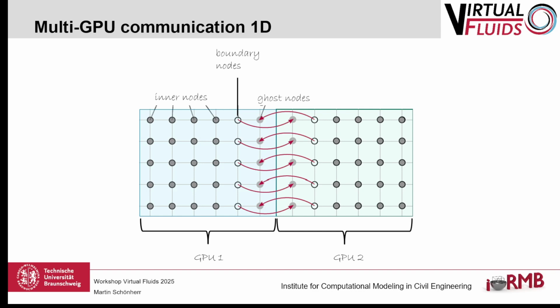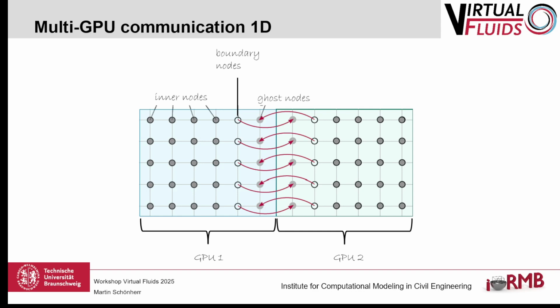Okay, so as a user, you don't think about it. You just define your subdomains and where the cut is. You have to define where the cut is, but the rest is done by VirtualFluids. And the obvious choice would be to make the cut so that you split it in two equal sizes?